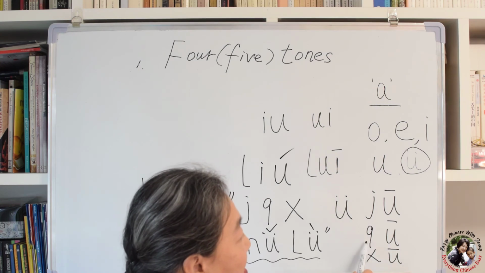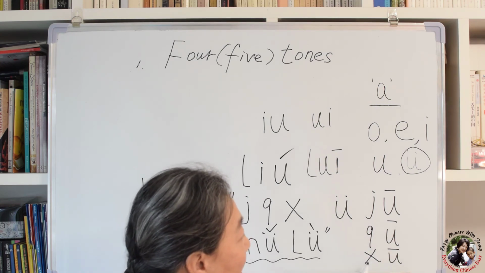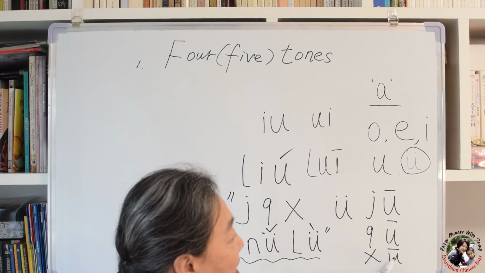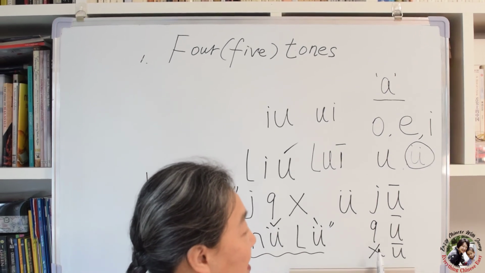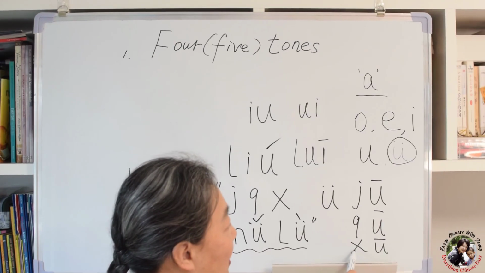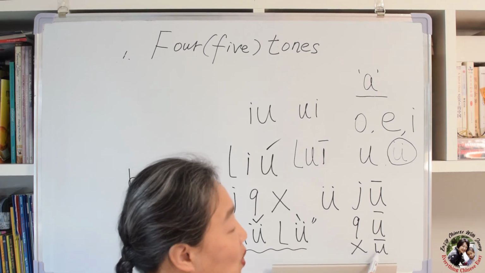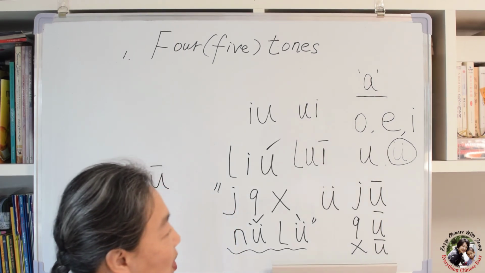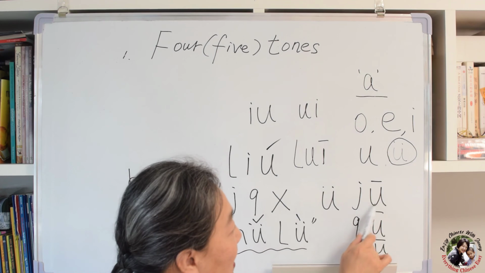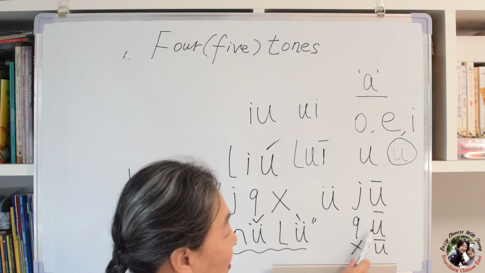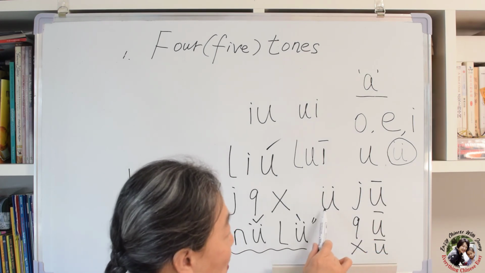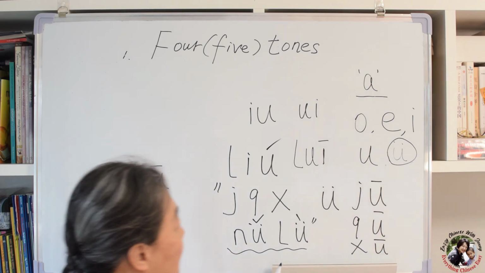It must be qi yu, chu. Si wu is no pronunciation either. You can only pronounce it like si yu, su. So even if it looks like u, it should be pronounced as yu without these two dots.